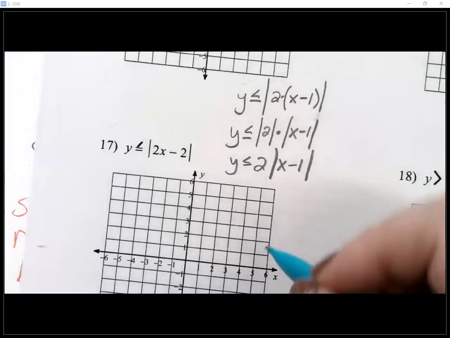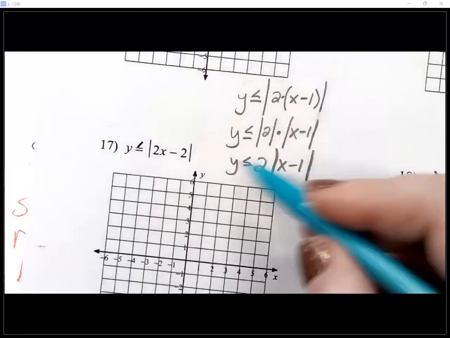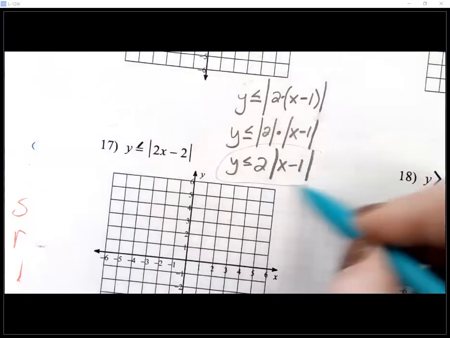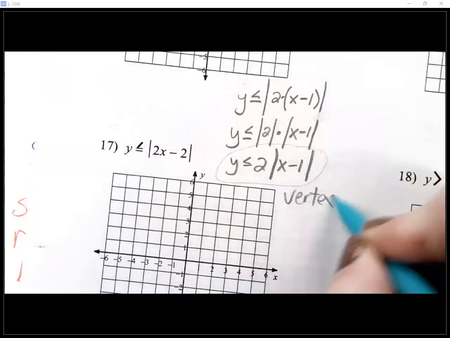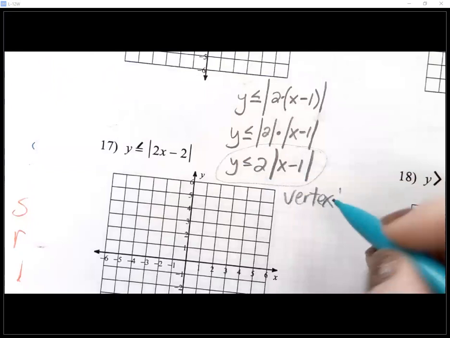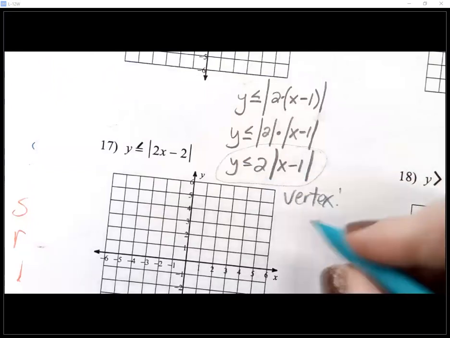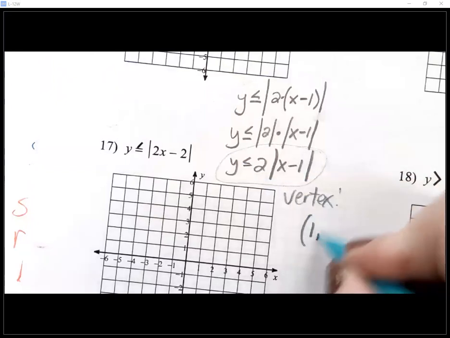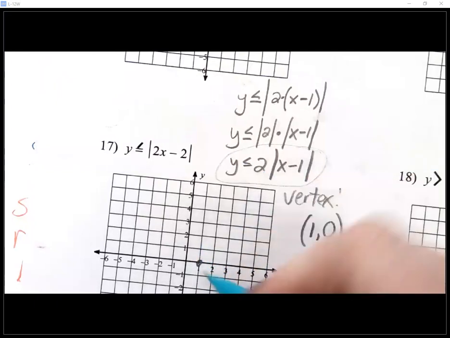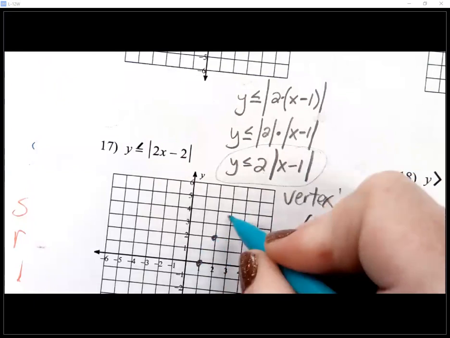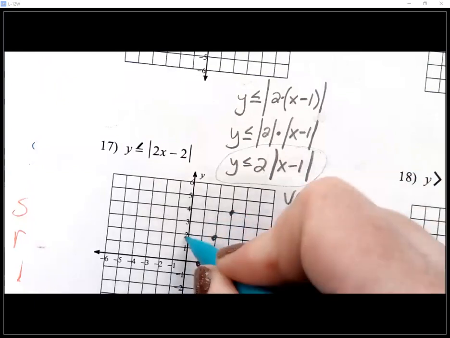Where's my vertex going to be on this thing now? Zero. Or wait, 1, 0. There we go. And now I have my slope is 2. So just do the reverse on the other side.